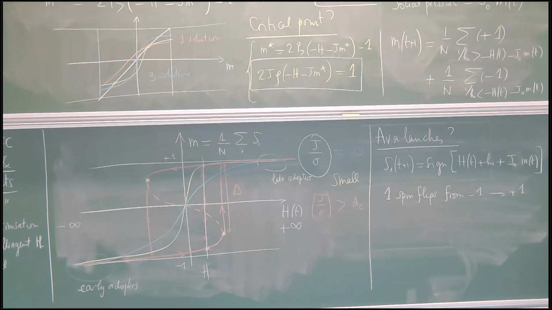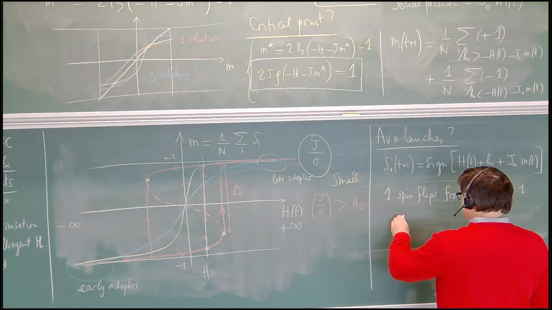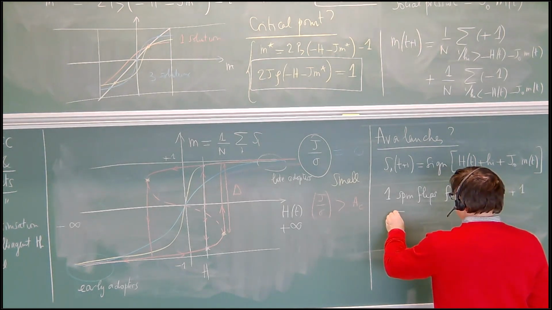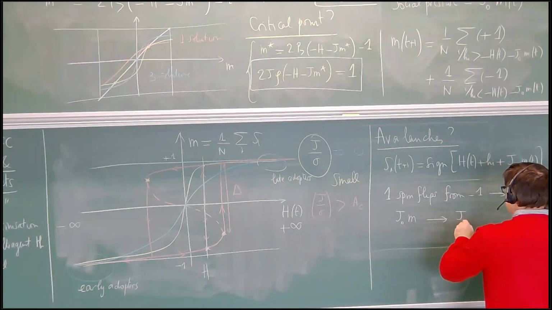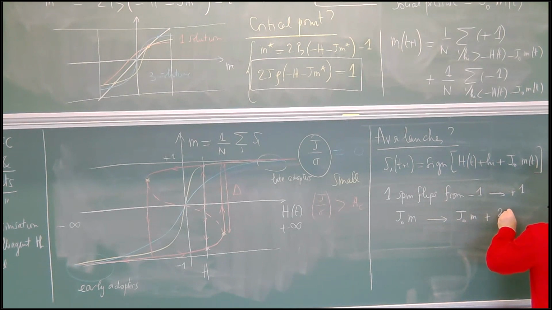Then what other people are going to see is that the social pressure they had previously, J_0 times M, is increased by a certain quantity, which is 2 J_0 over N. Because if you zoom into the terms contributing to J_0 times M, what this J_0 M means is J_0 over N sum over j of S_j of t.